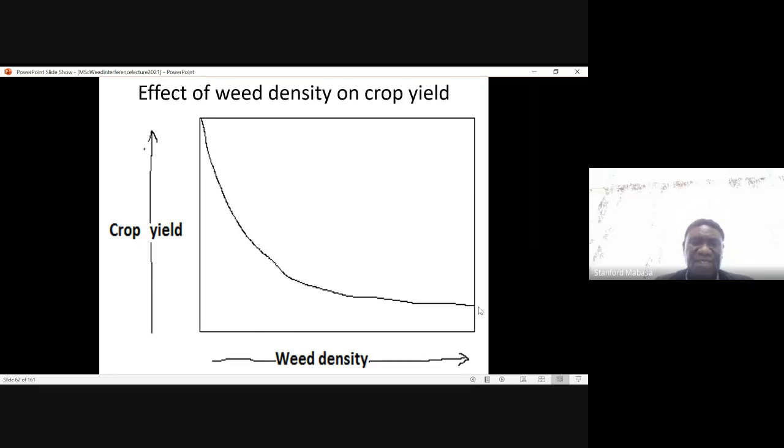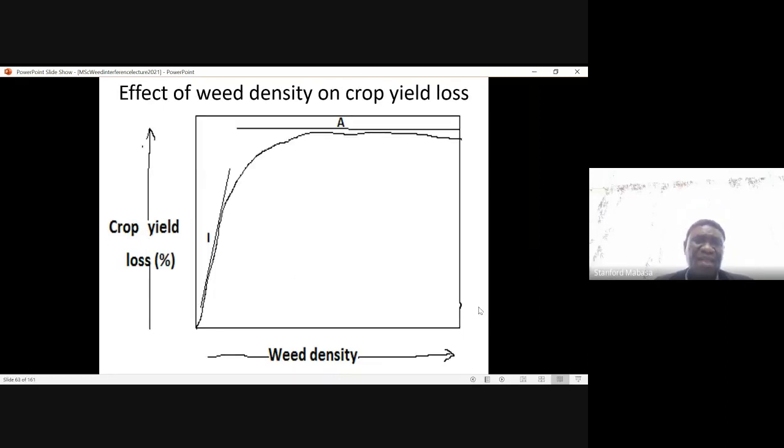That is the name of the curve. And if you were plotting crop yield loss versus density, you get again a rectangular hyperbola, which you can identify the maximum yield loss by A and the slope, which is I.